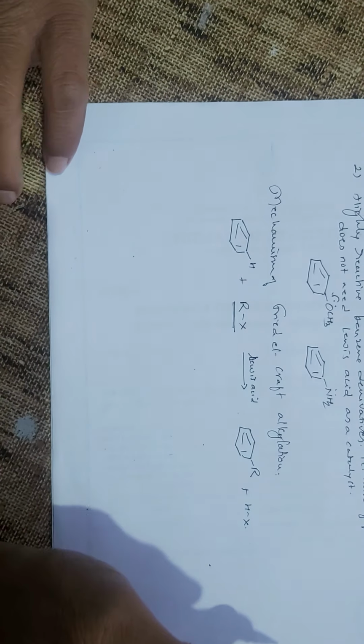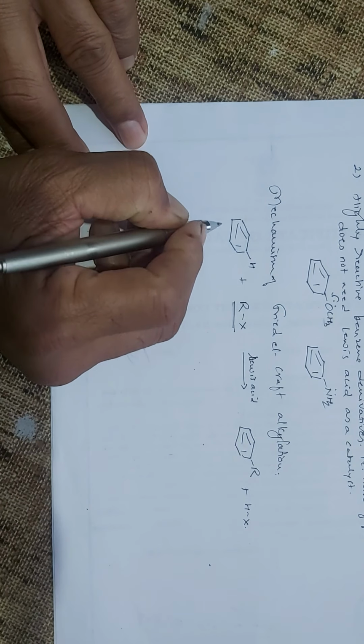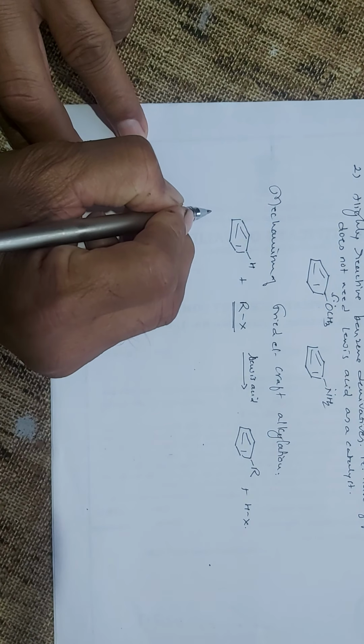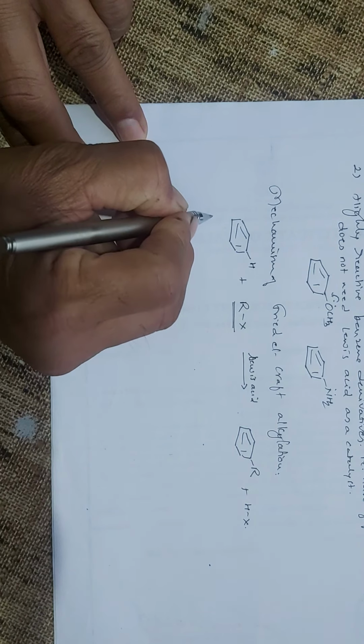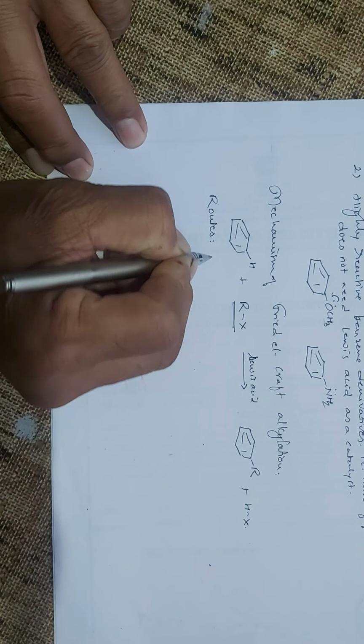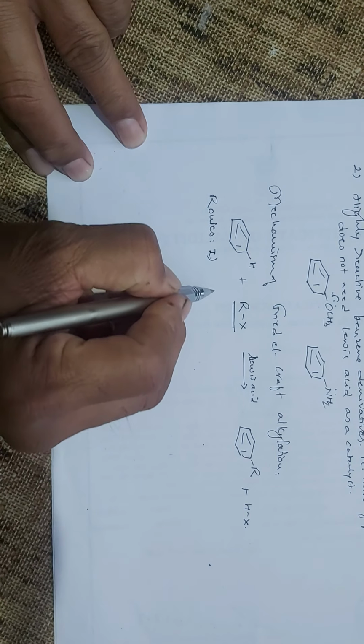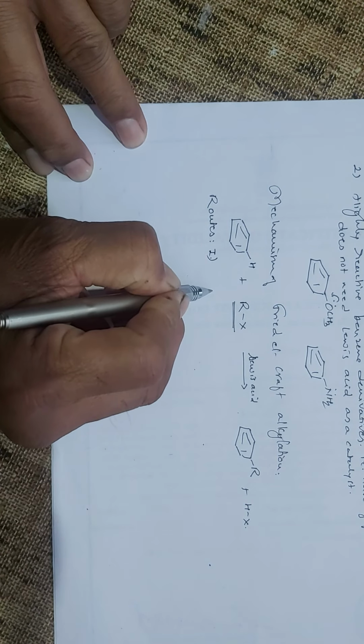Here, the difference is that the Friedel-Crafts alkylation reaction shows two different routes, and these two routes for alkylation depend upon the nature of the R group.